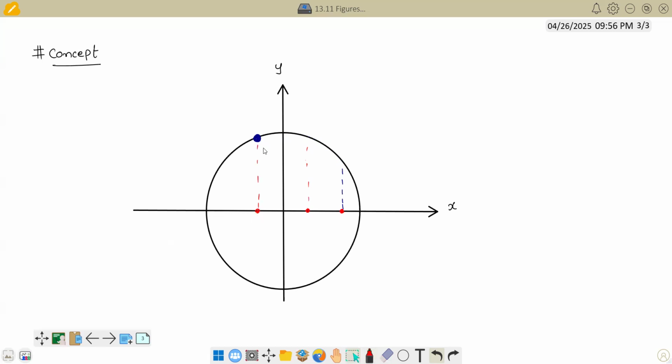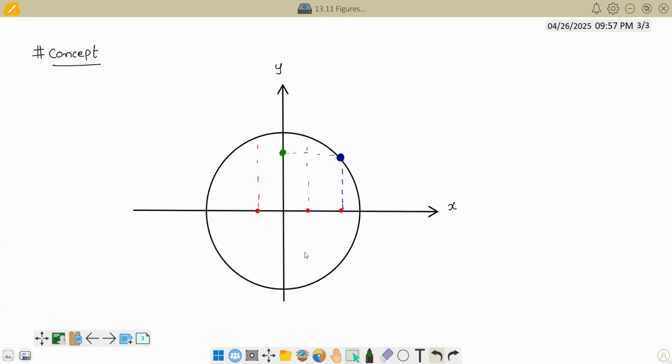So remember, as the particle is traveling in circular motion, its projection will be traveling in simple harmonic motion on the x-axis. The same logic could be extended in the y direction also. Now you have to tell what will be the equation of projection.